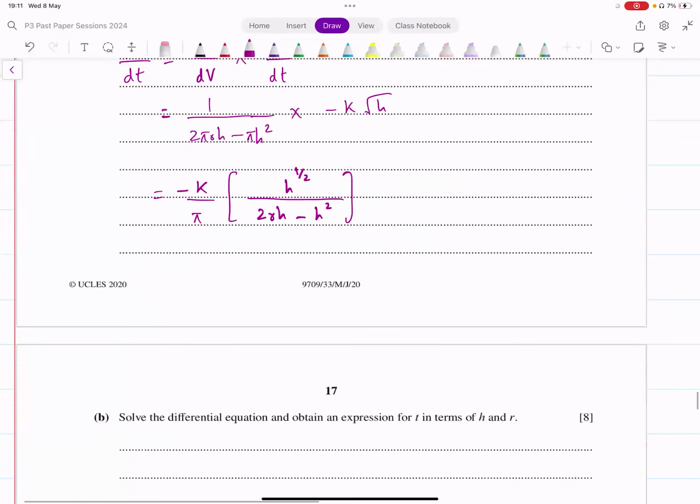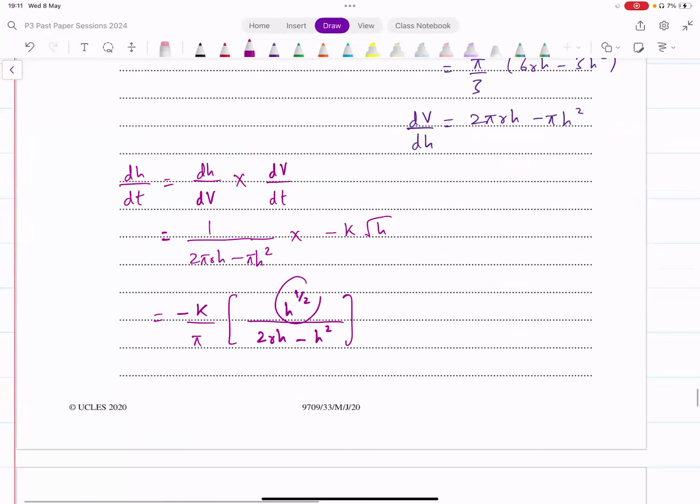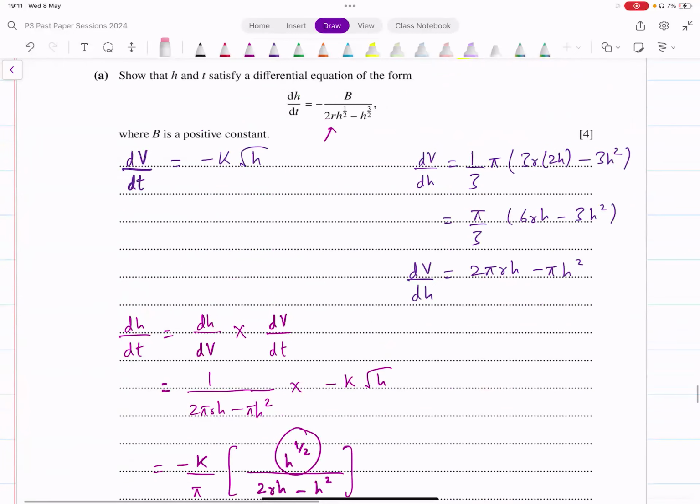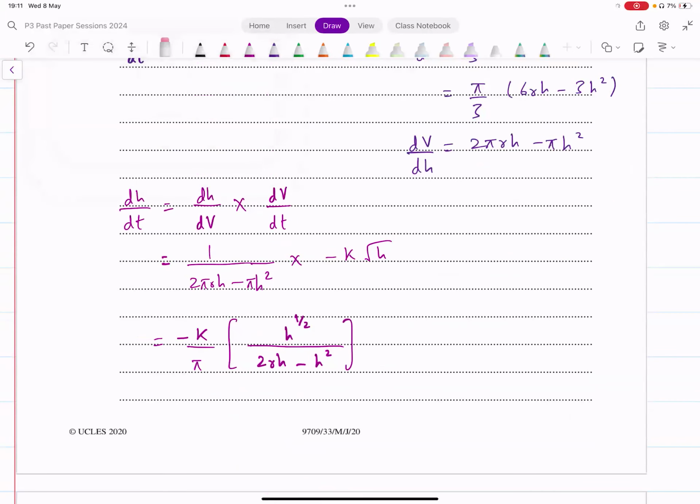Now, this h to the power 1/2, I could take that to the denominator, because in the form they have, there is no h in the numerator. If I do that, I can write this as 1 over h raised to the power minus 1/2. I've taken this square root of h to the denominator.